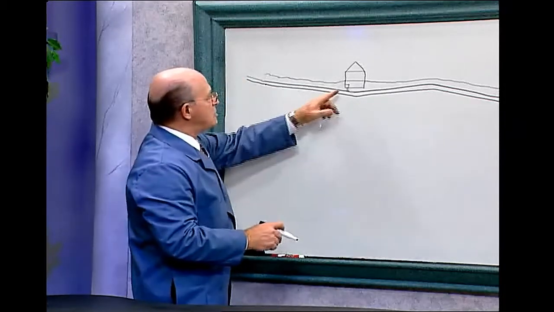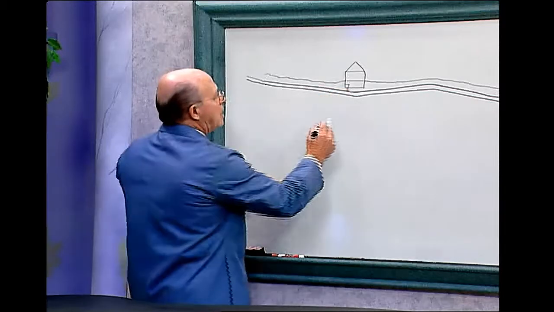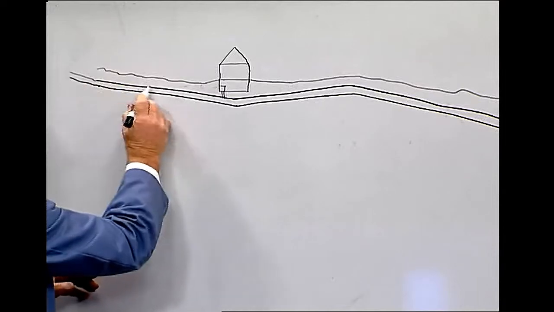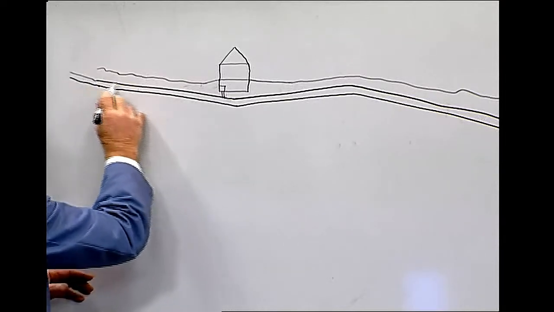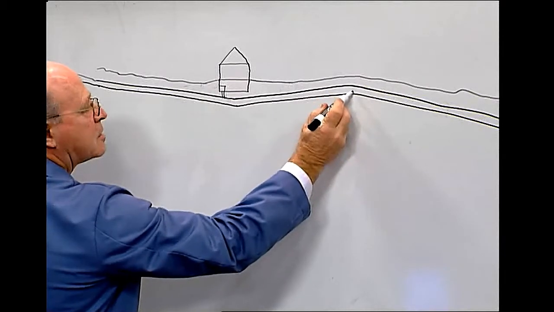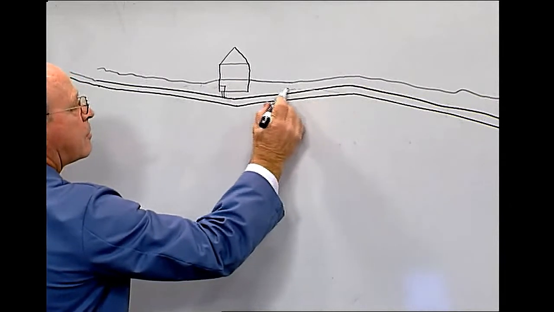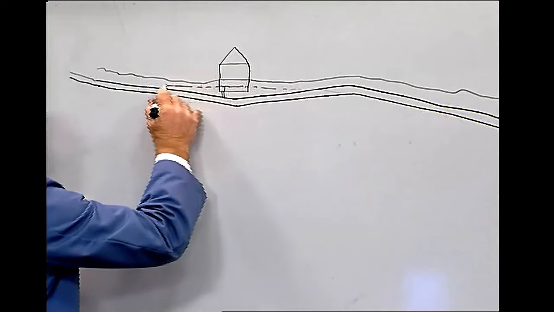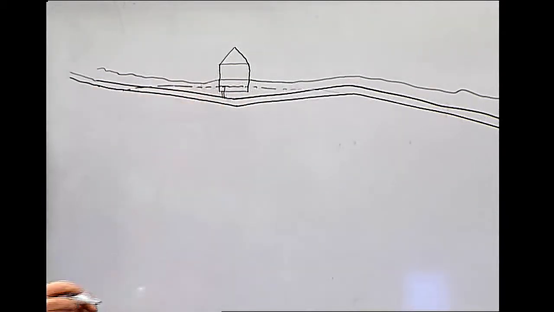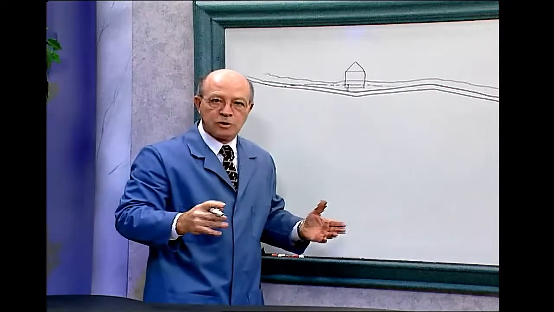You built a house right over here, and this is a toilet, and you connected the sewer line. What's going to happen is the sewage from this point over here is going to be blocked, it's going to flow over here. From this point over here, it will actually go into your house. Your house will be flooded with sewage.